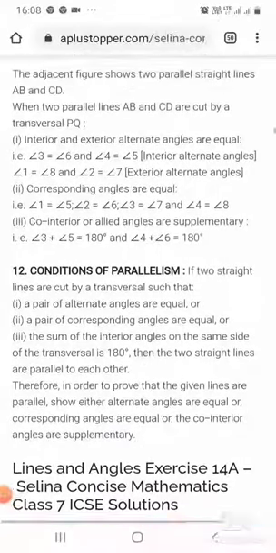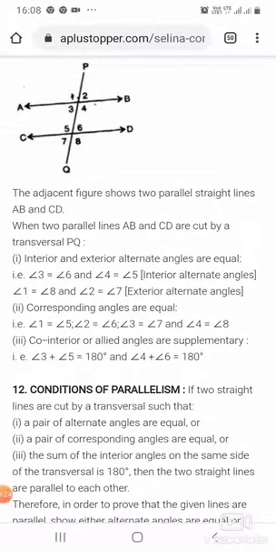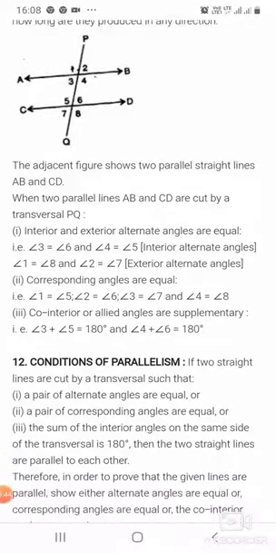Whenever there is a transversal, we'll have these properties. We should remember that interior alternative angles are equal as well as exterior alternative angles are equal, and corresponding angles are also going to be equal, and co-interior, as I told, allied angles are supplementary. You see, angle 3 plus angle 5, they are called co-interior angles.